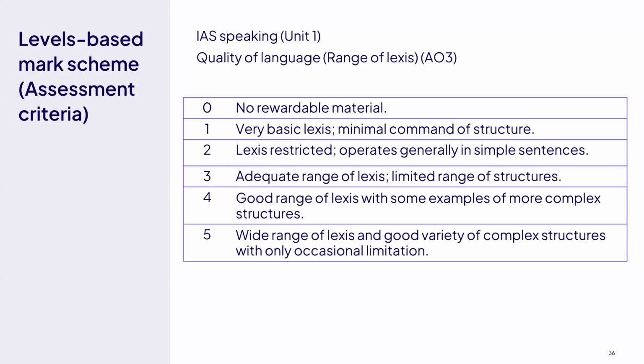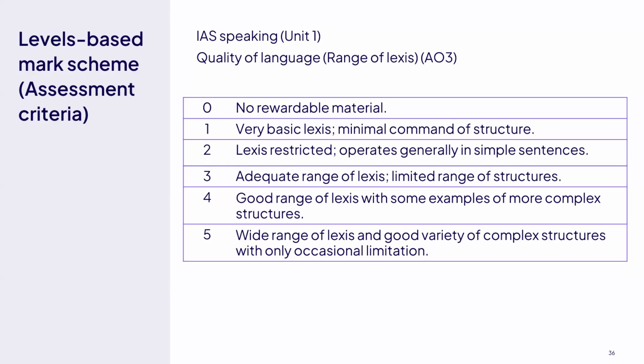Okay, so in that, you might say, well, what are we going to give a 4 for here? Well, if there's a good range of lexis, but not quite as many examples of more complex structures as we think we should have, we can still give a 4.